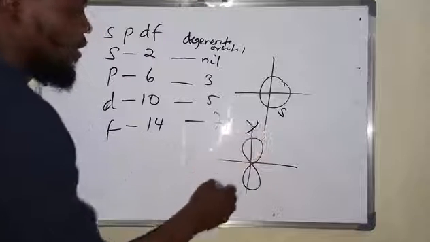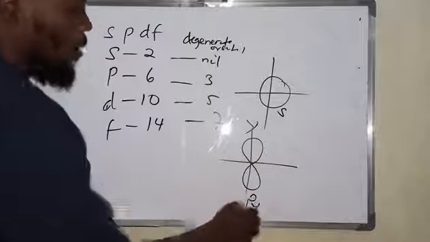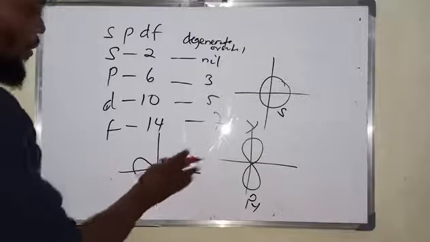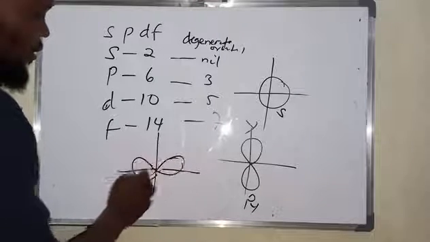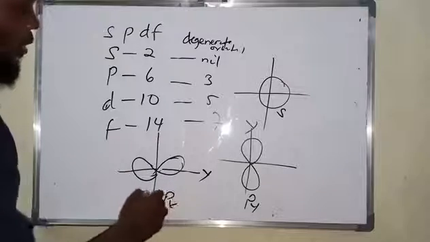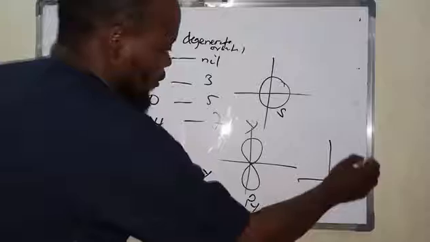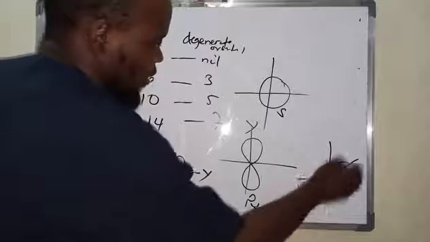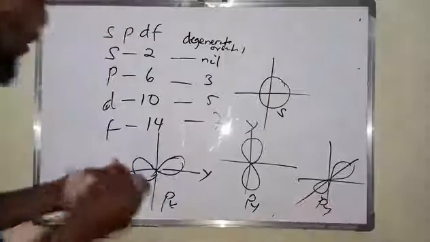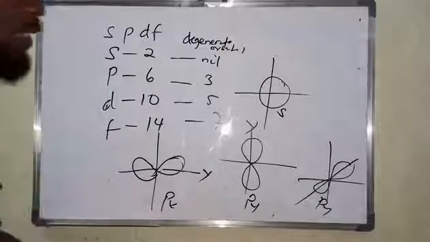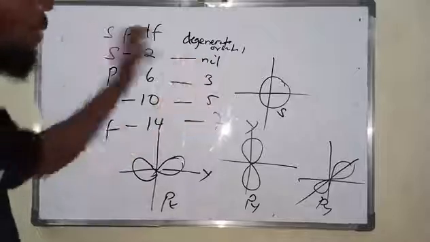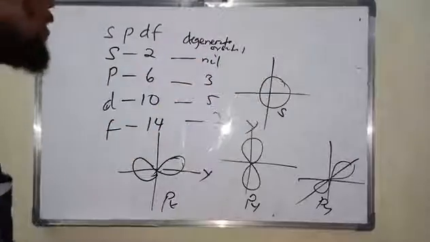Let's say this is the y-axis, then this is your py. The other one is oriented in that direction, so this is your pz. The same thing applies to the d and f orbitals. So the shape of an s orbital is spherical.